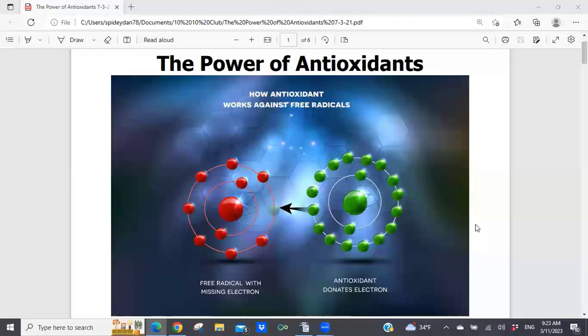The most common reason is just the process of living. Anytime that you use oxygen to create energy, you both create energy as well as free radicals. So just simply breathing causes free radicals to occur, and you can't get around it.